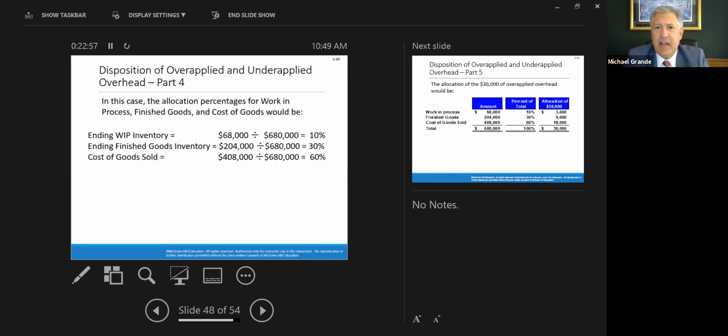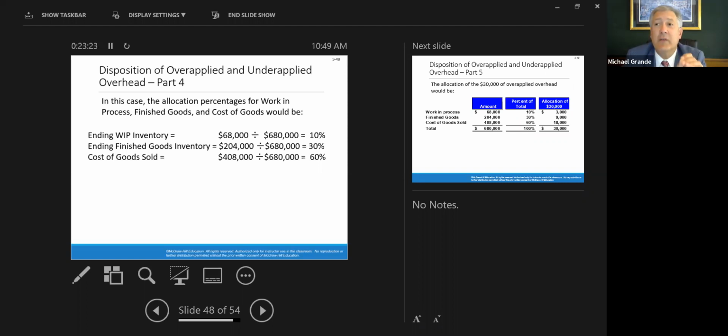So in the case of the allocation percentages for work in process, finished goods, and cost of goods sold, they would be applied the following way. They're looking at ending work in process inventory and the amounts relative to how much was applied. They're just coming up with an allocation factor because what they're saying here is only 60% should be expensed to the cost of goods sold.